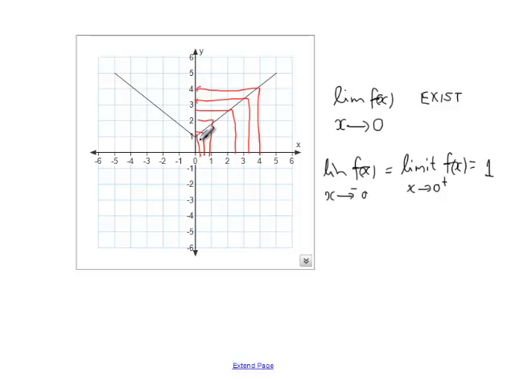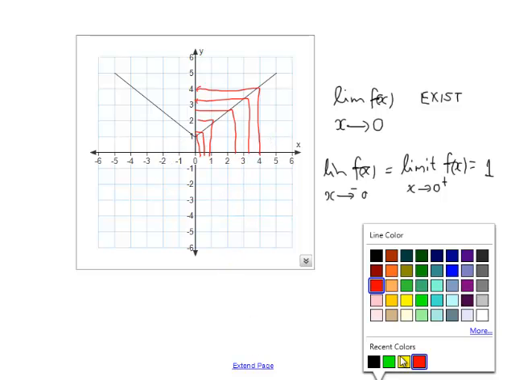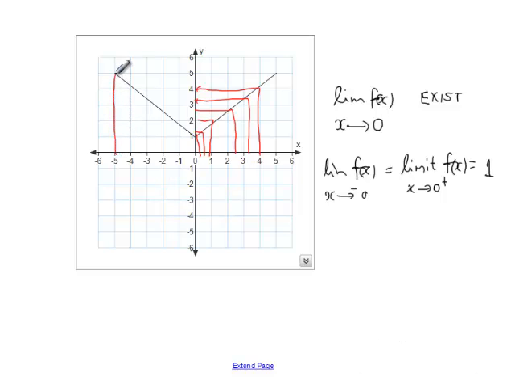You can see the values seem to be approaching 1 from the right. We come from the left-hand side. We can start from as far as -5. We go to -4. We're coming there. Looks like something is happening. The values are going down and they seem to be approaching this value 1 altogether. Then we establish that the lateral limits are equal to 1.